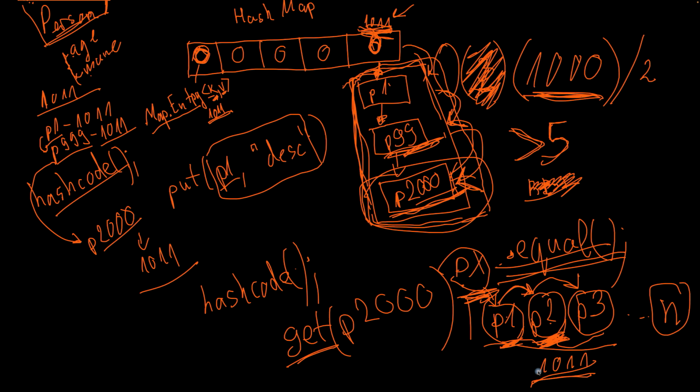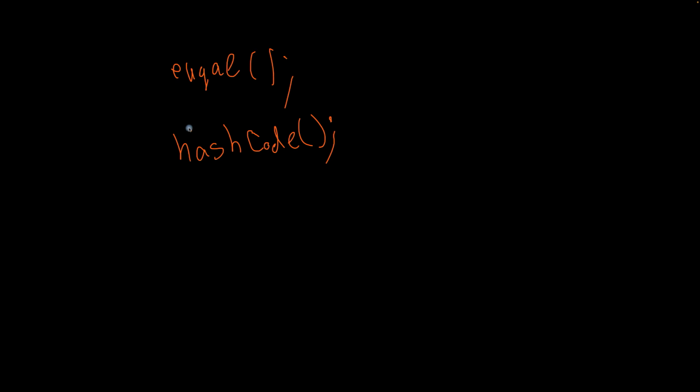So the tricky part here is, let's revise it, they will ask you why we should use the equals method and the hash code method, why we should override them.